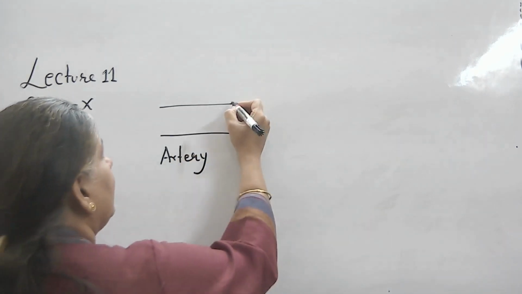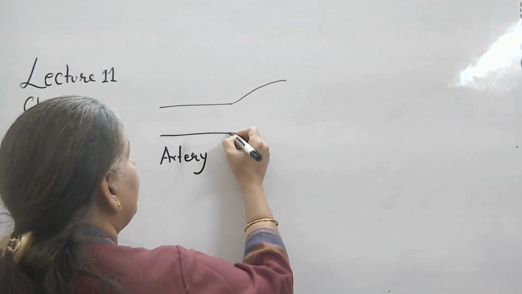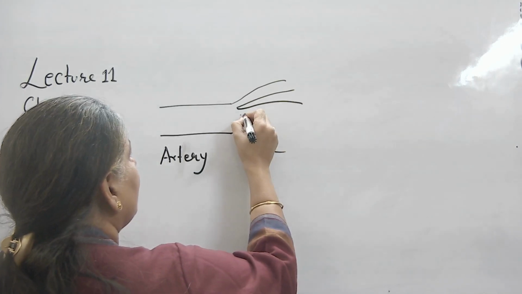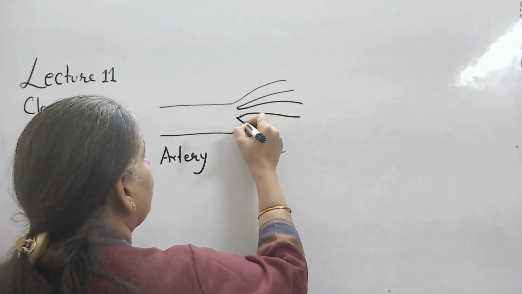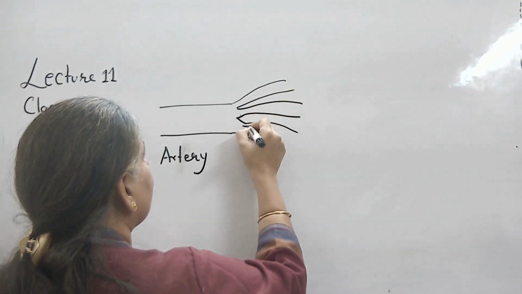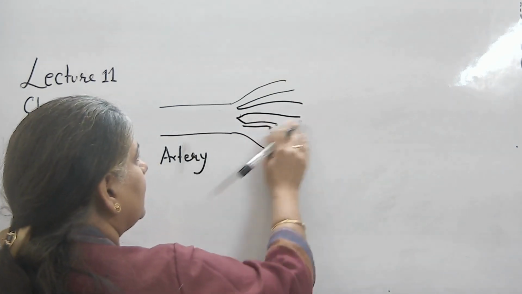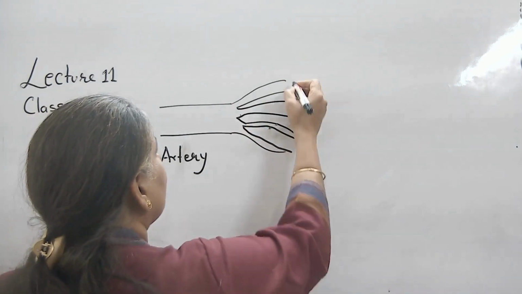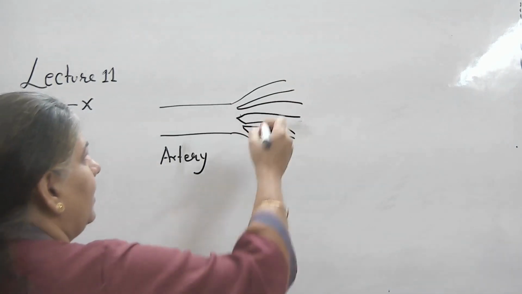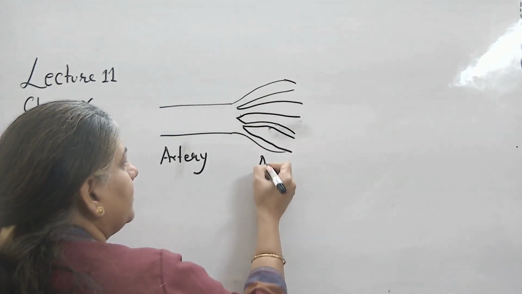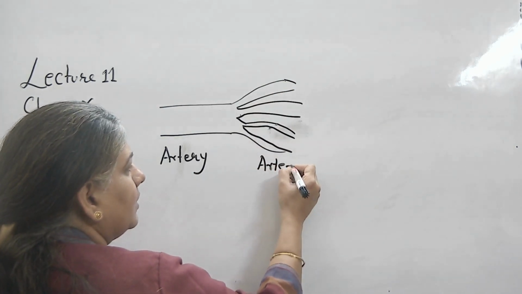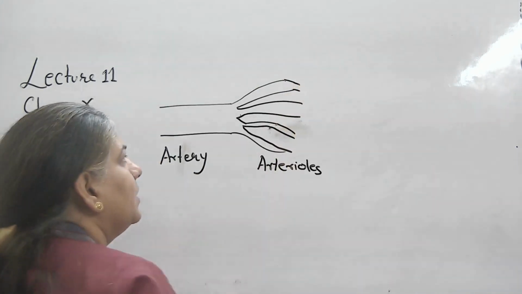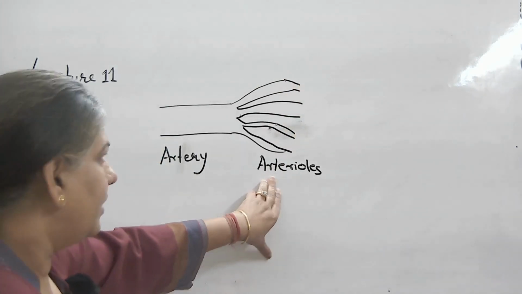Okay, this will branch into finer vessels called arterioles, and these arterioles will now enter the organ.